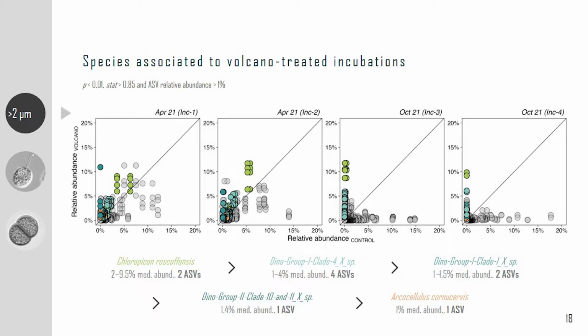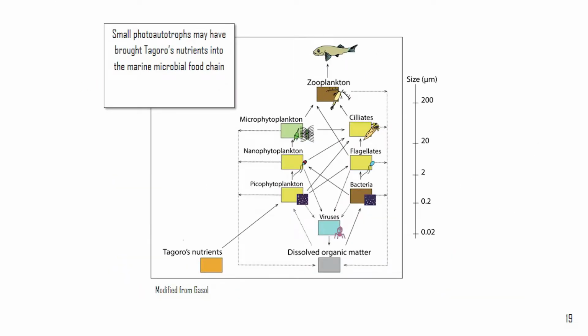Something that I want to point out here, because I think it is really interesting, is that we found several taxonomic unique sequences of the same species. And this hints us to think that we got different ecotypes of the same species, a species that has evolved and adapted and acclimated to the conditions that are in the Tagoro volcano.